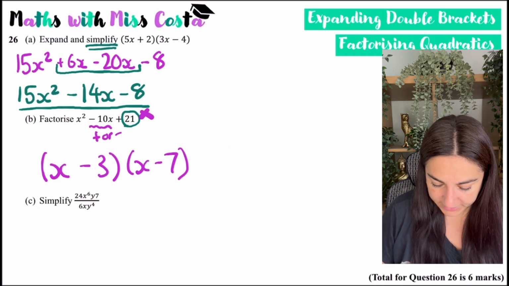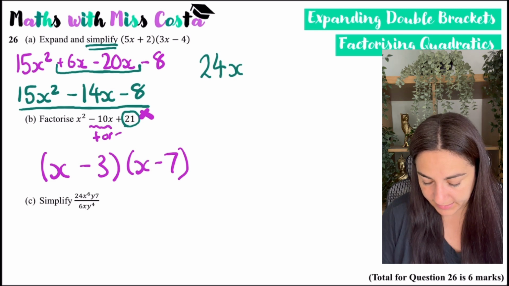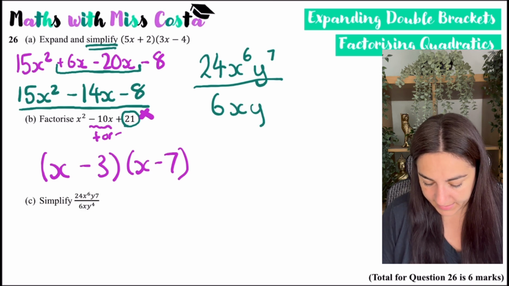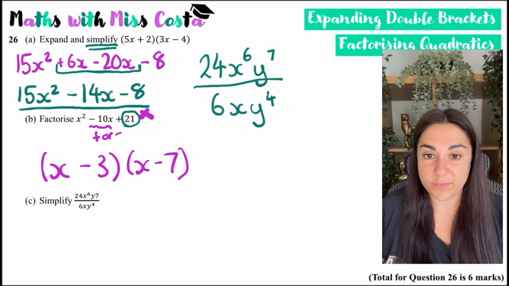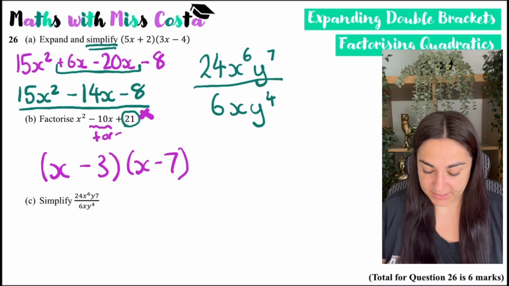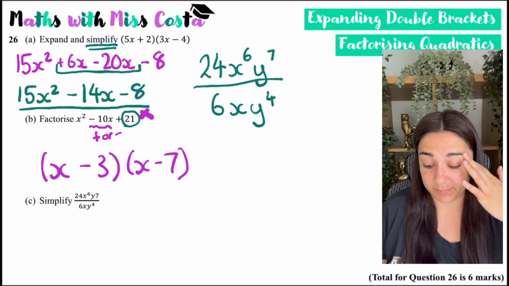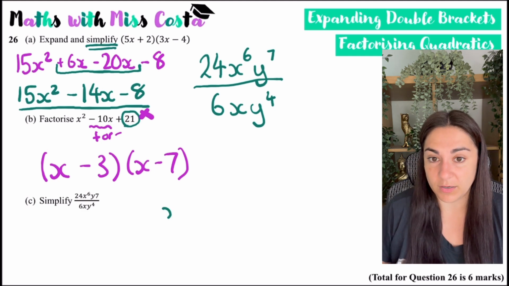And for the last question, it's drawn a little bit small, so I'm going to just write it out a little bit bigger. So you've got 24 x to the power of 6 y to the power of 7 divided by 6x y to the power of 4. So what we've got over here is essentially, we could split it up into 3 fractions, or we just think about our laws of division.